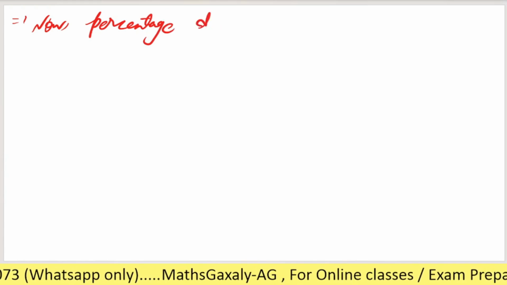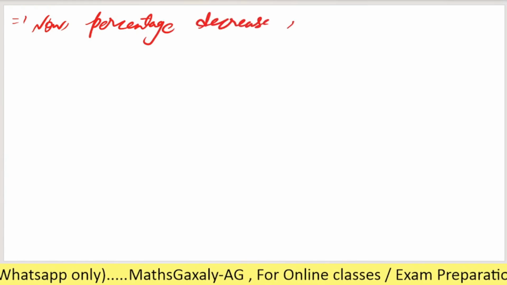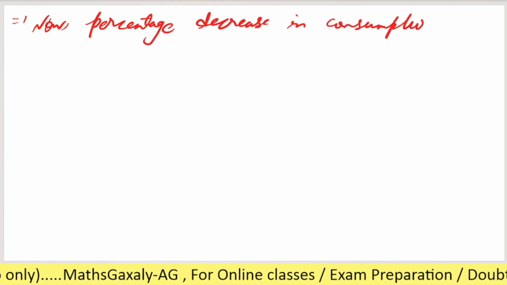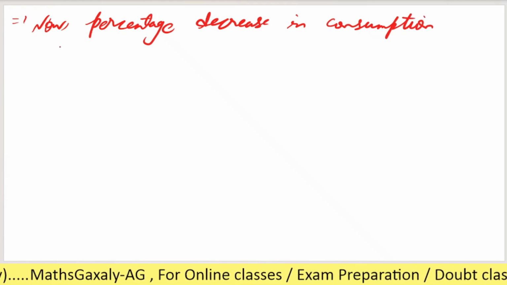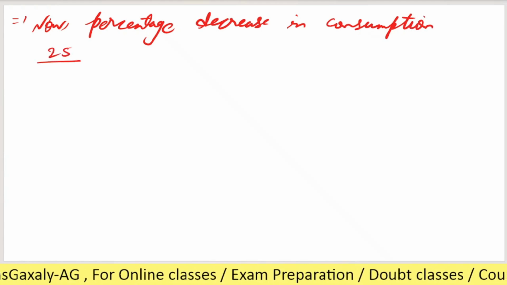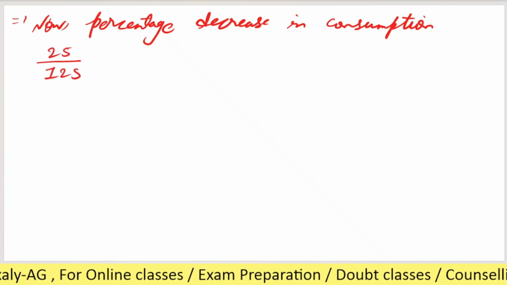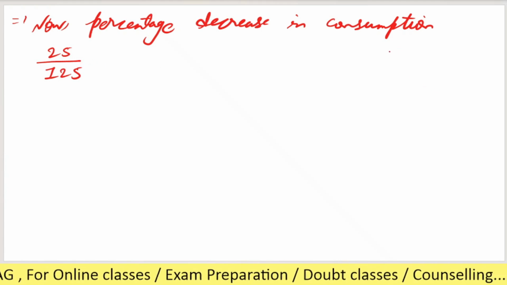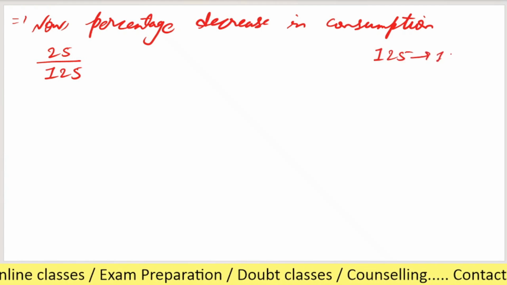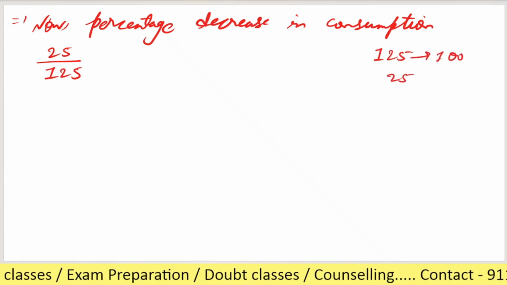Now the percentage decrease in consumption will be, let's see here, this 25% increased, so it will be 125. Suppose the value of 125 is 100, we have to find the value of 25.